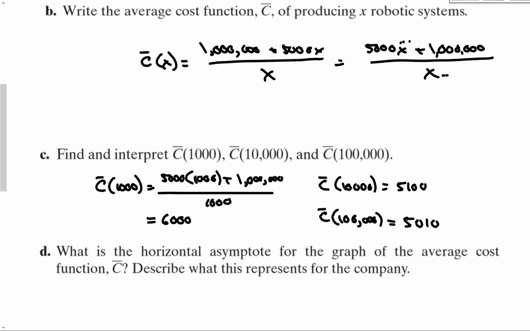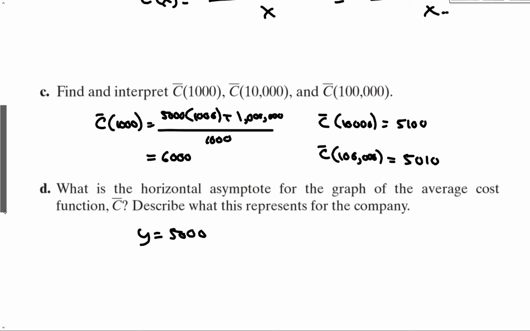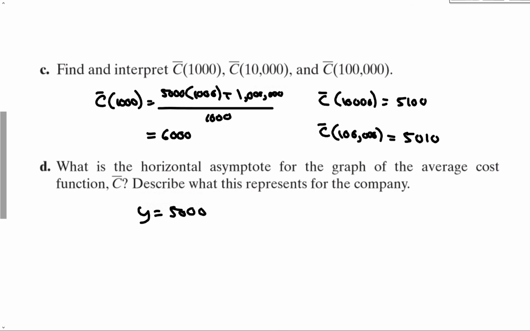So the more I produce of this thing, the closer and closer and closer it is going to be getting to 5,000. So what is the horizontal asymptote? I think we answered that.